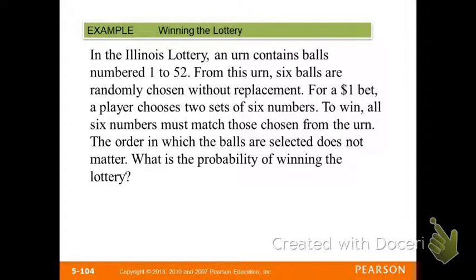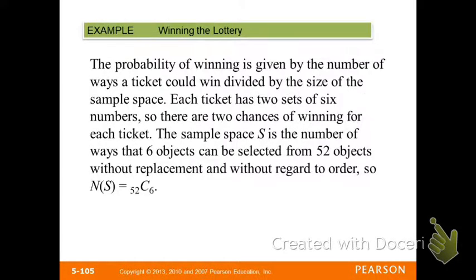So immediately we were told that the order doesn't matter, so we know we're going to be using combinations here and not permutations. What we need to know is how many possible combinations there are of drawing 6 things from 52, and then how many favorable ones.